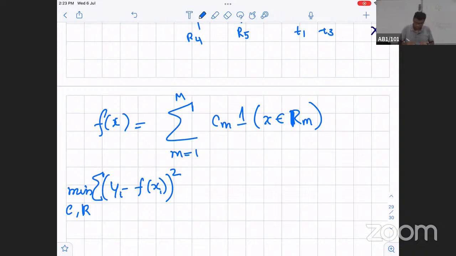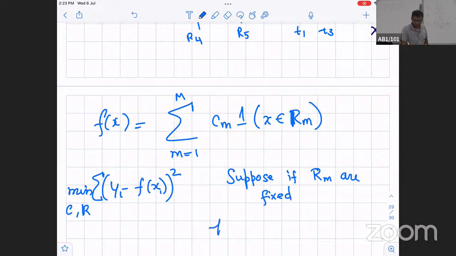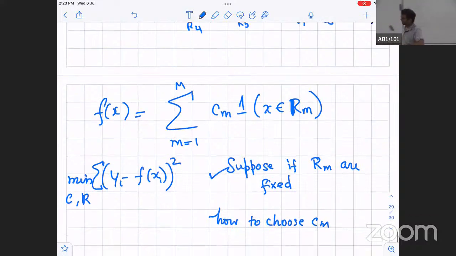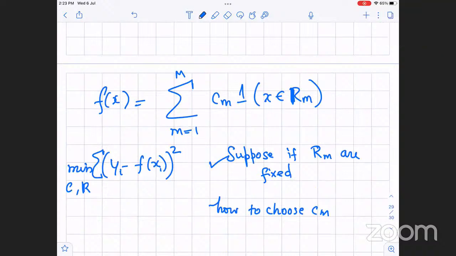Suppose the RMs are fixed, I tell you that the regions are fixed. How do I choose cM?